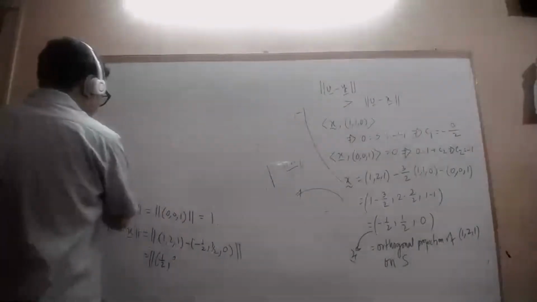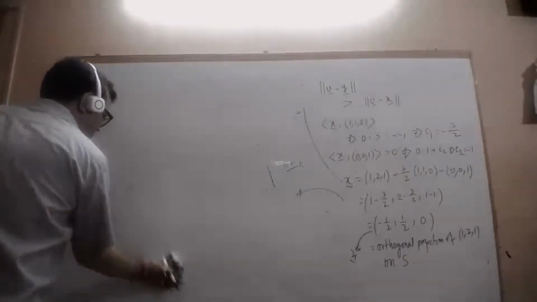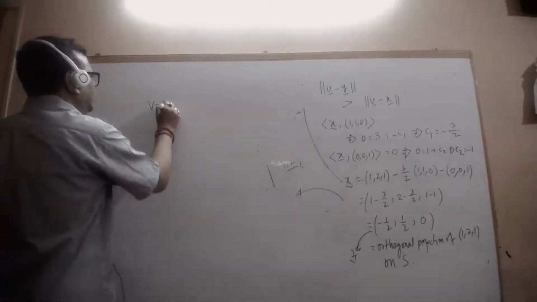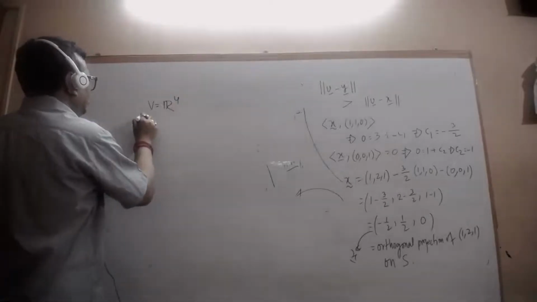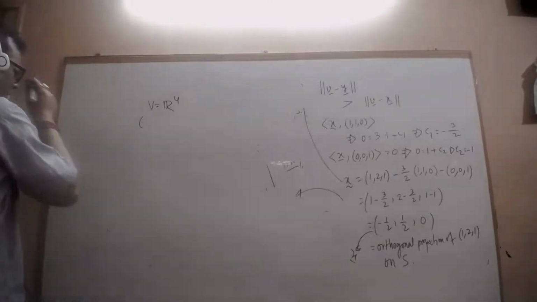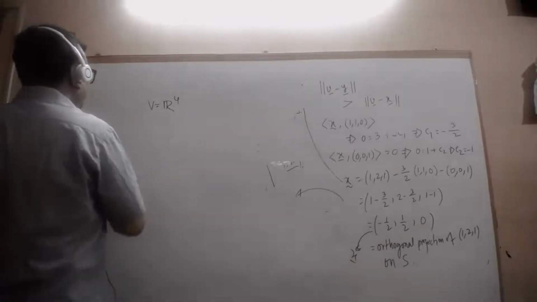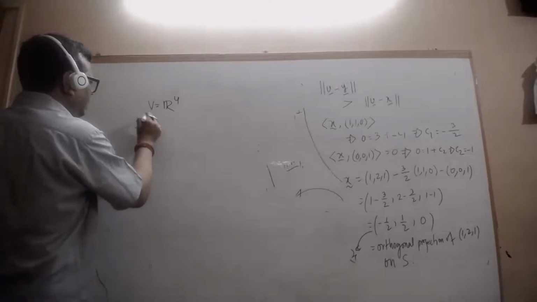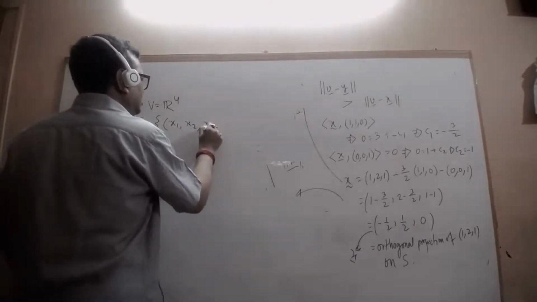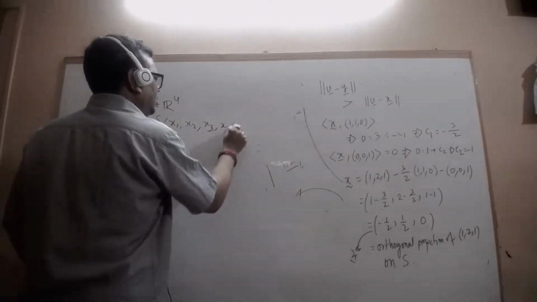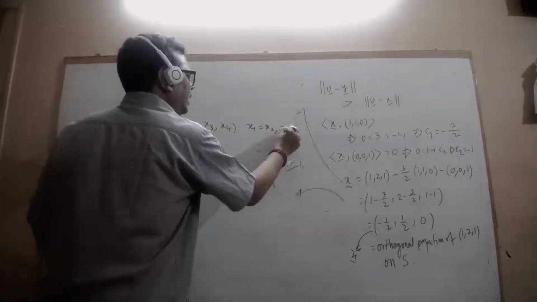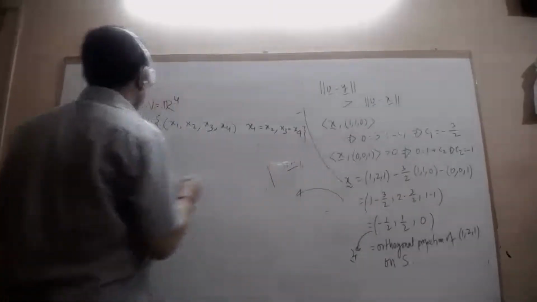So considering V equal to R4 and find S, I forgot, I think I give this S now. Please tell me if I am wrong. Where x1 equal to x2, I think x3 equal to x2.